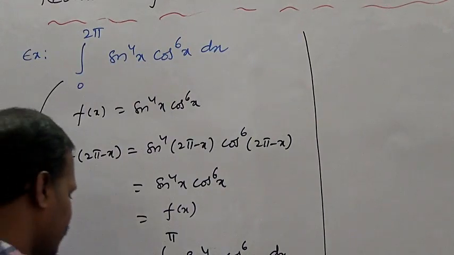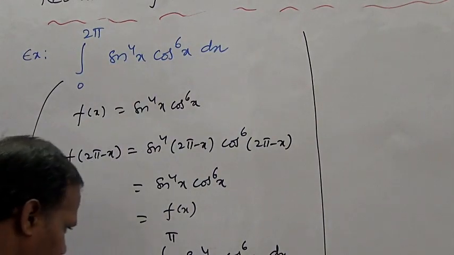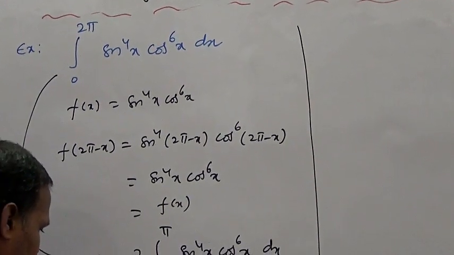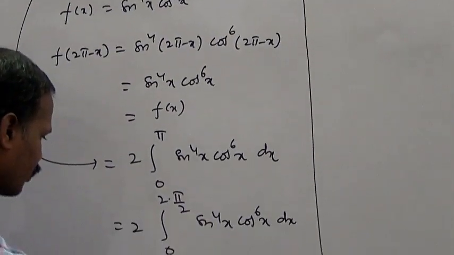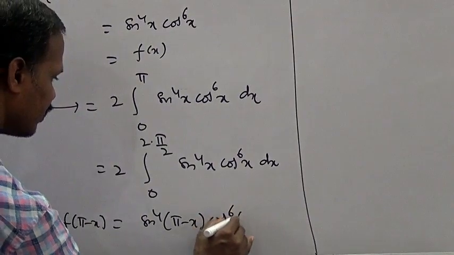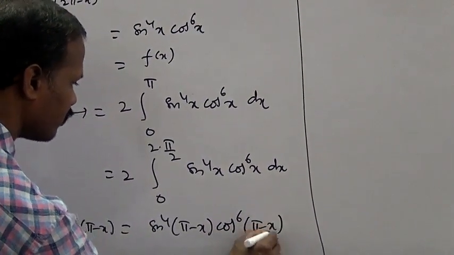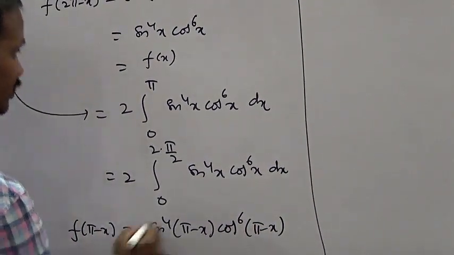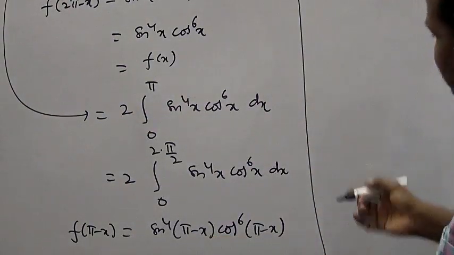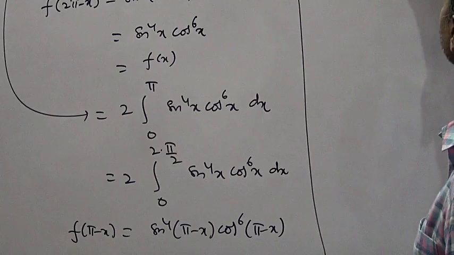Now check this property, f of pi minus x. f of pi minus x equals sin power 4 of pi minus x, cos power 6 of pi minus x. So this is equal to sin of pi minus x, which is sin x, so sin power 4x.